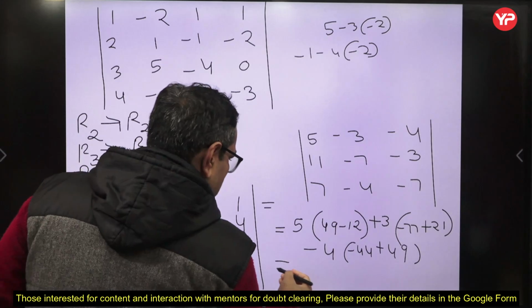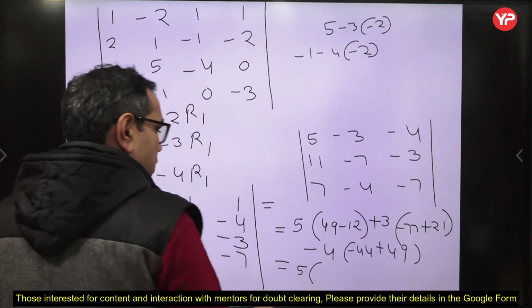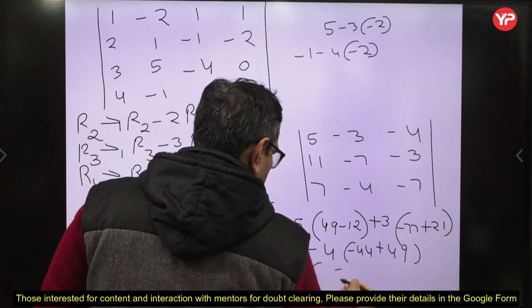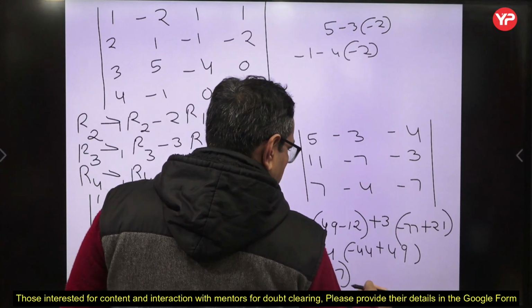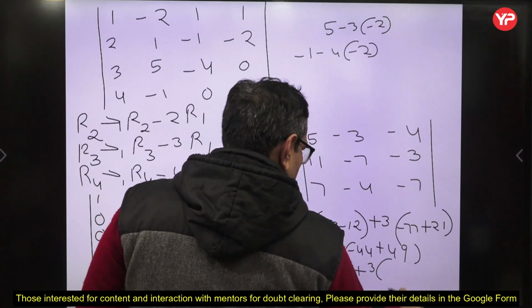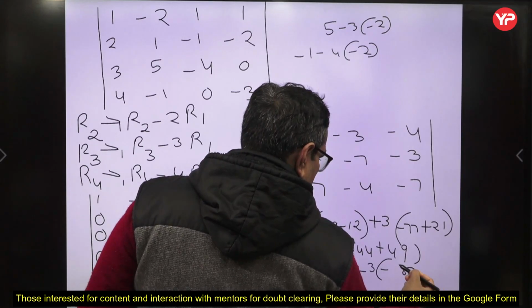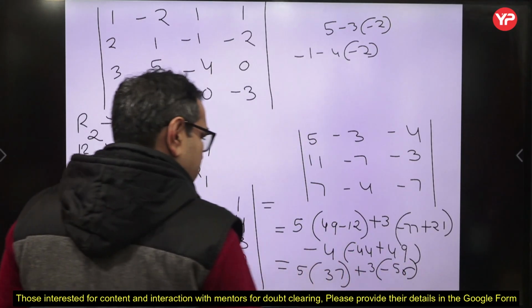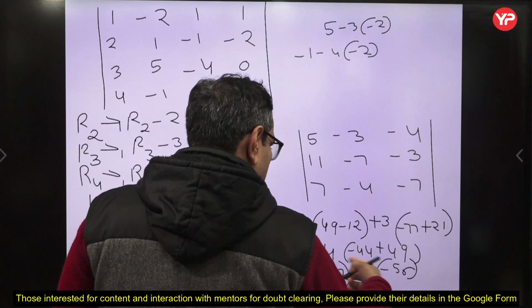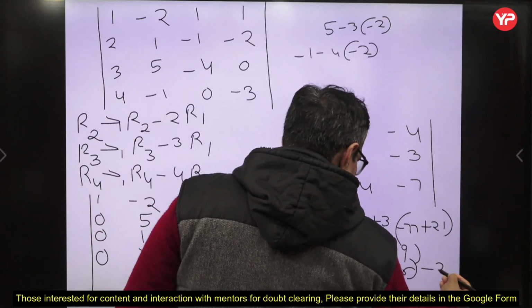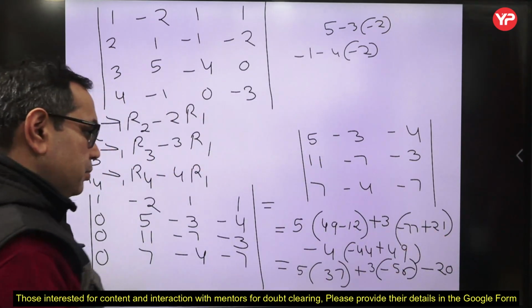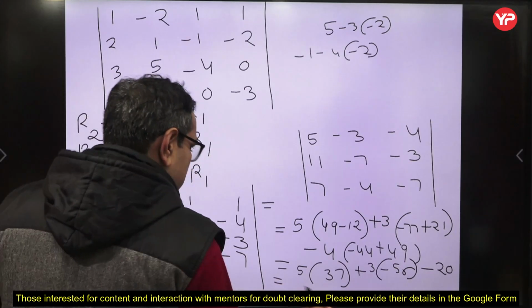So equal to 5 into 49 minus 12, 37, and plus 3 into minus 56, and then 49 minus 44 is 5, so minus 20. Now I hope you can compute this and verify the answer.